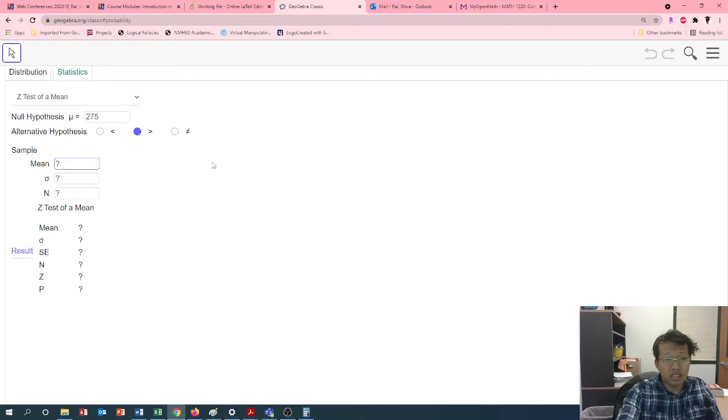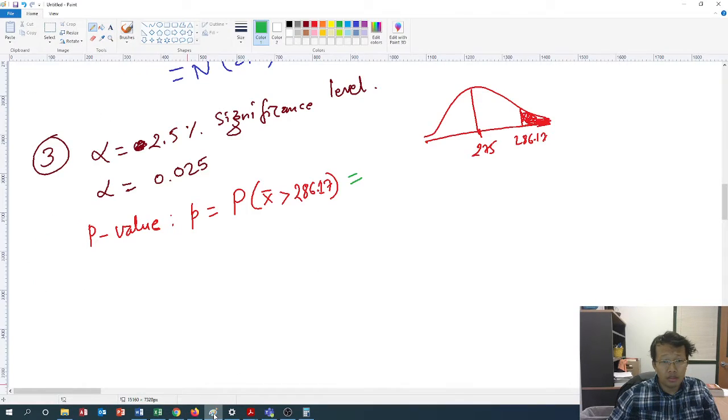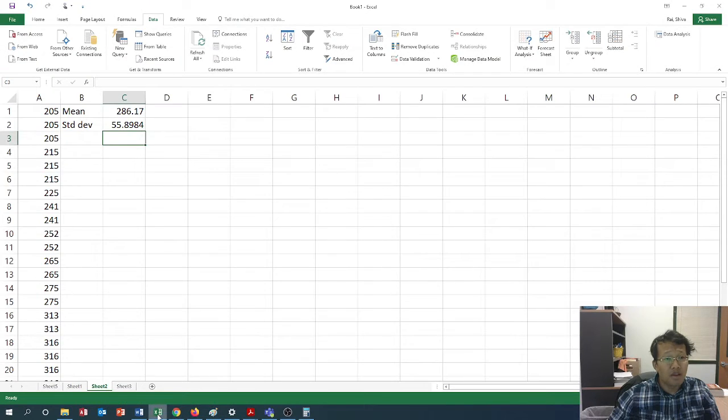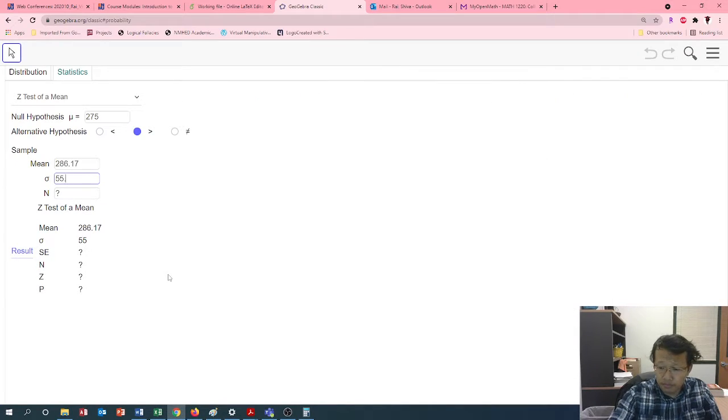The mean for that sample is 286.17. The standard deviation is 55.8984, and the total number of players was 30.